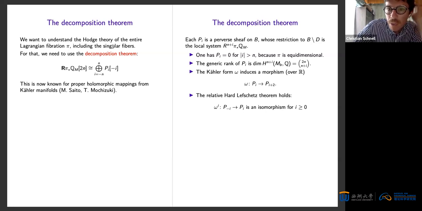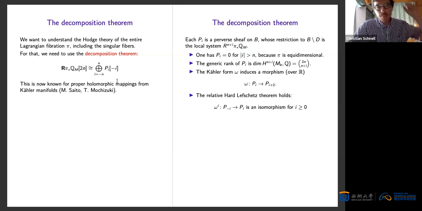Okay. And what this decomposition theorem tells me is, again, there's an interesting symmetry among these P_i. So first, P_i vanishes when i is bigger than n. On the open set where things are smooth, the rank of P_i is just the dimension of the (n plus i)th cohomology of the fibers, and that's 2n choose n plus i, because it's an abelian variety of dimension n.